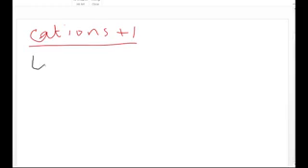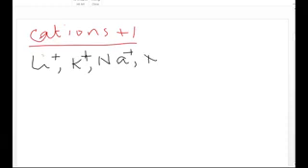We have lithium, Li plus. We have K, that's potassium, K plus. We have Na, that's sodium, Na plus, sodium ion. We have NH4 plus, that is ammonium ion.